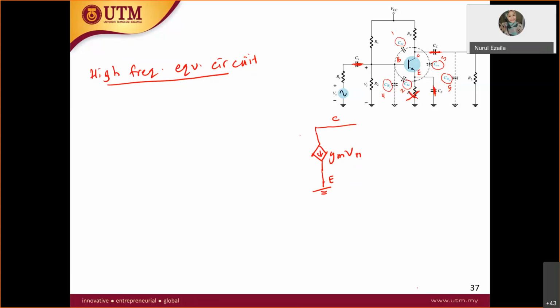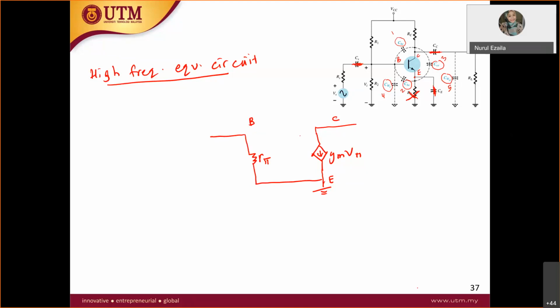What else do you have? At the base here, you have your R pi. So this is your R pi. All right, let's start drawing your circuit. Put all the resistors.